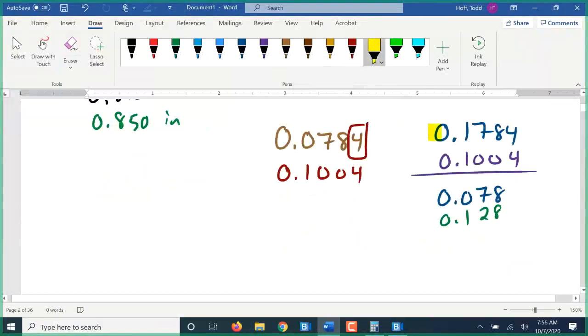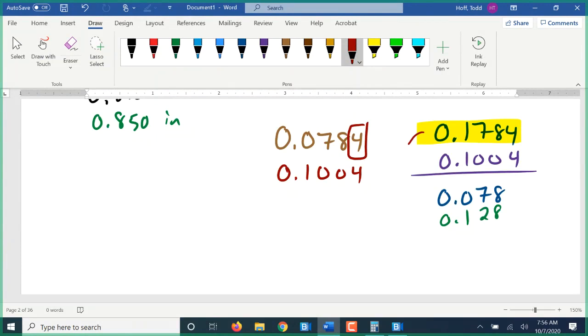If I needed to build something like a 0.1784, there would actually be a decision to make. If I really needed to build that, and if my tolerance, my need for precision wasn't that great, the only way I could even come close to building that is if I rounded it to 0.178.